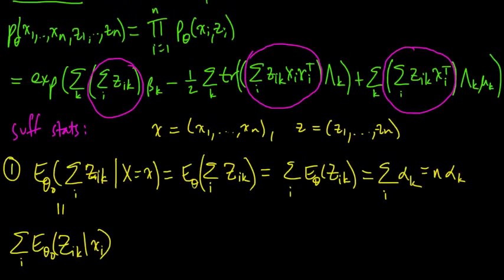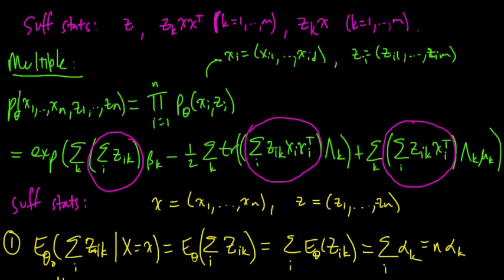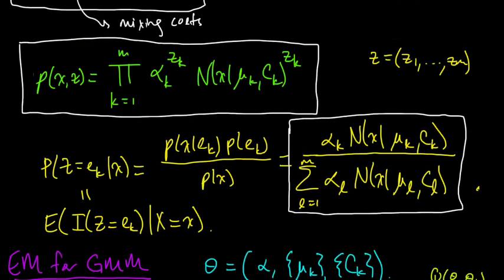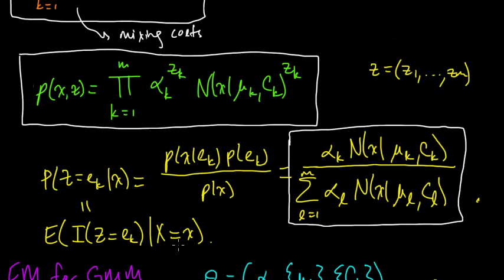So let's go back up to our model. This conditional expectation, this is the thing that we computed here, because this indicator function is precisely equal to zk. Or if this was zi, this would be zik. The indicator is 1 when this is true, and that's the same thing as the kth component.